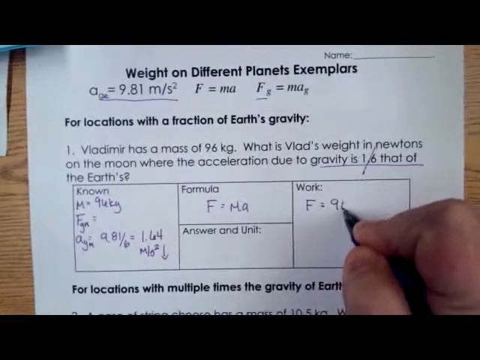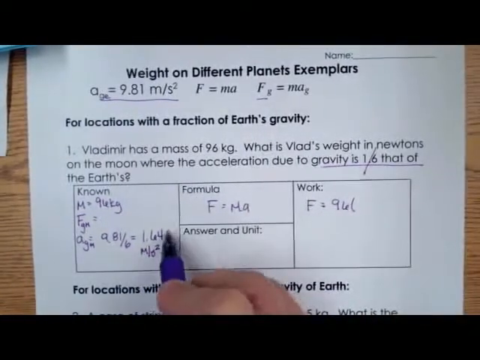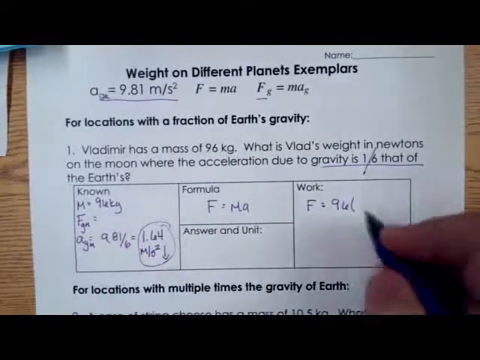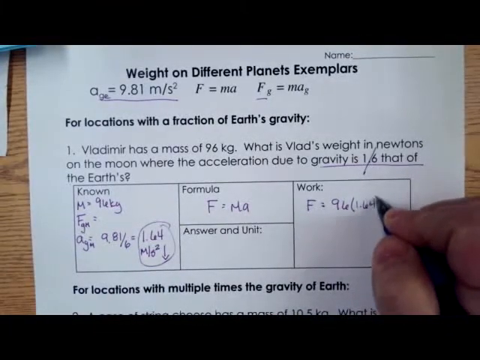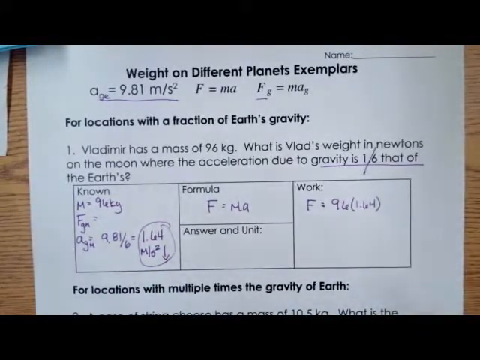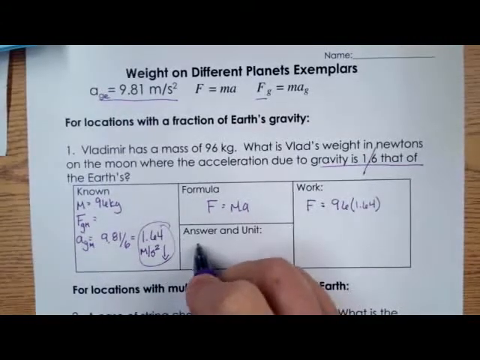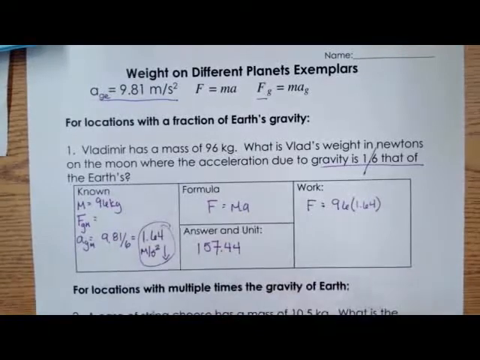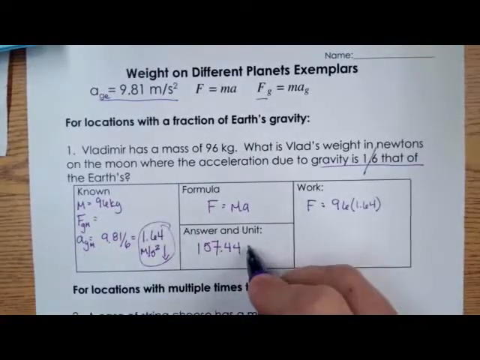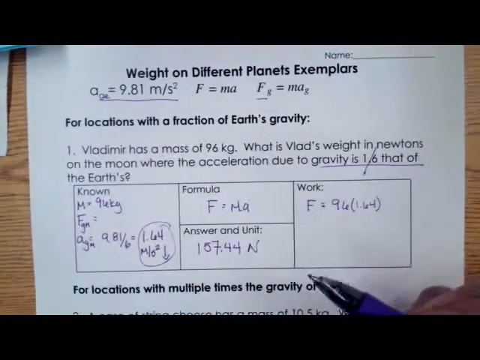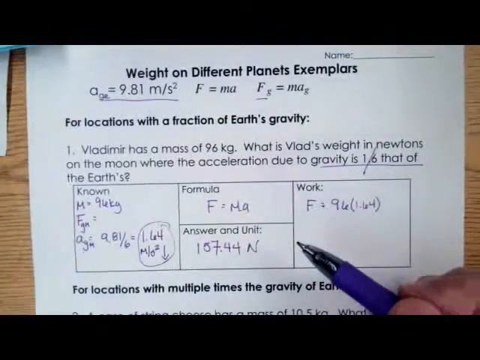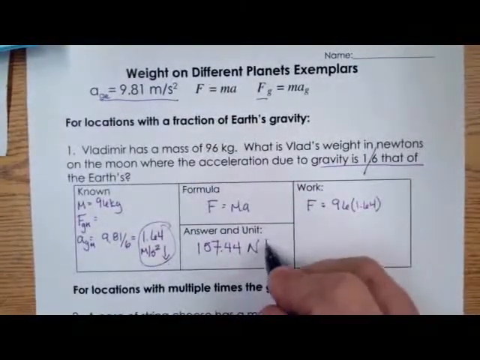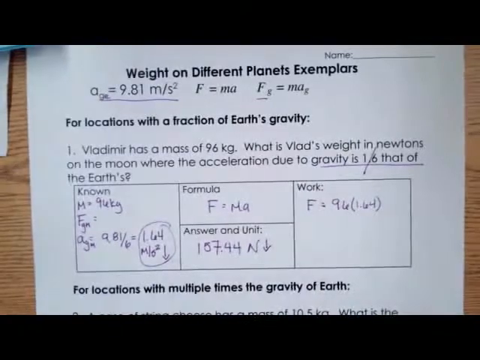The mass is 96, and the acceleration we figured out is 1.64 meters per second squared down. When you multiply those together, you end up with 157.44, and the unit on force is newtons. Because force is a vector, we have to throw a direction on it, and weight is always in the downward direction.